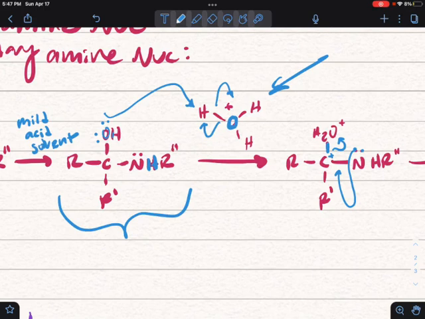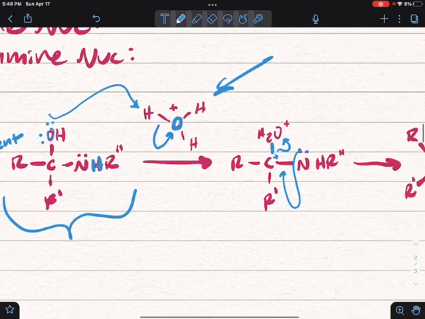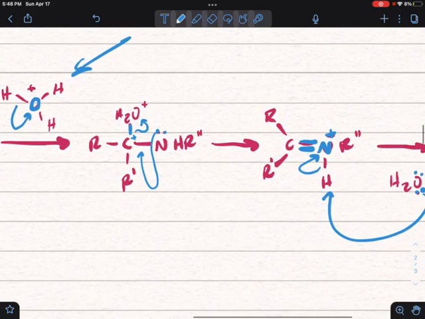So this oxygen will take the hydrogen from the hydronium ion, and the electrons from the hydrogen bond will go to the oxygen. Okay, and then we will have water connected to our carbon. Water is a good leaving group, so water wants to leave.